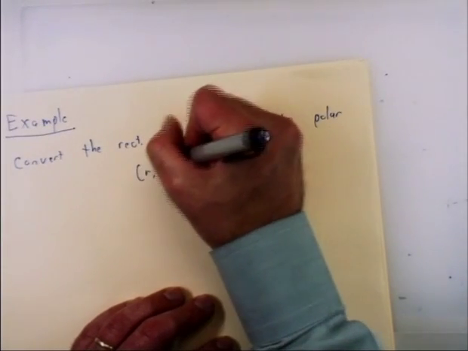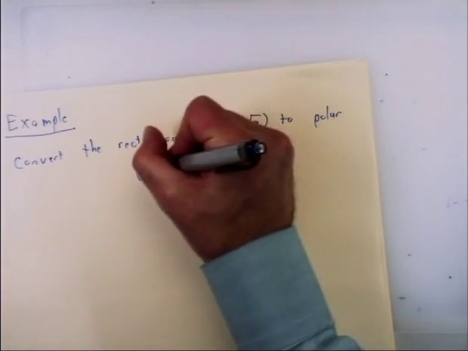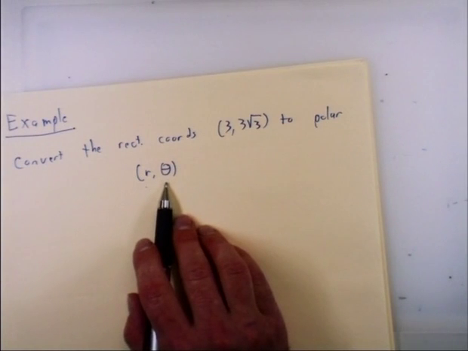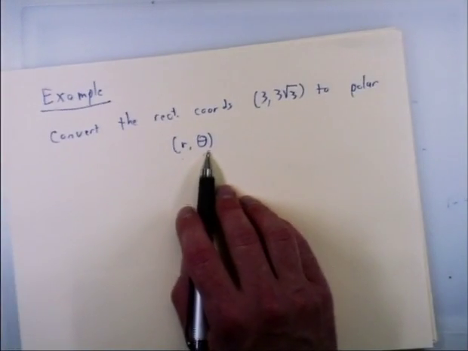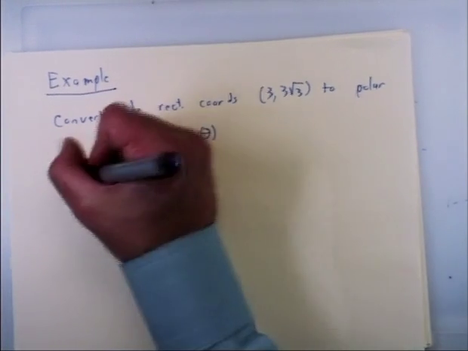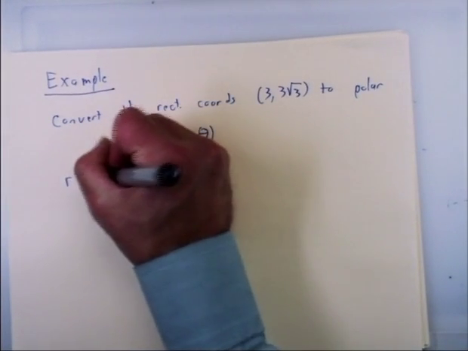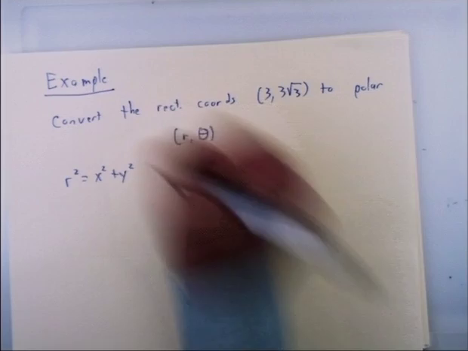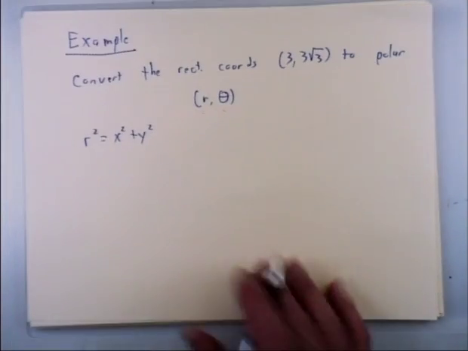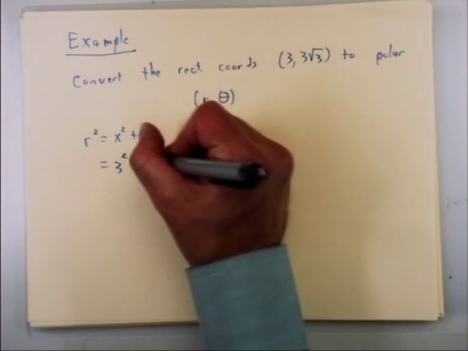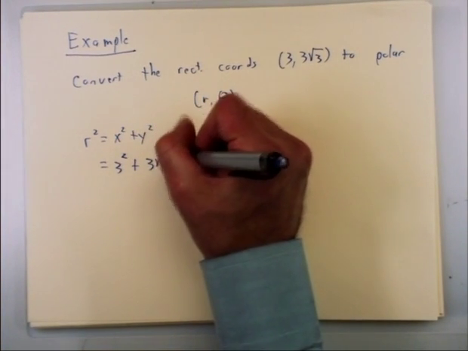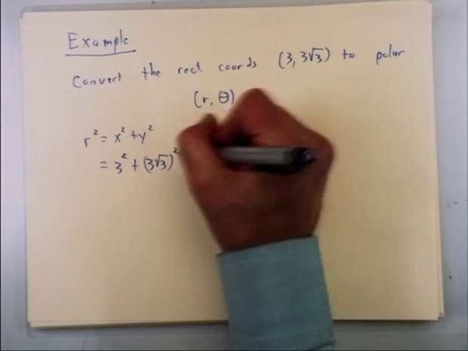And polar, remember, we're always going to write as (r, theta), specifying a distance and a direction. How do we do this? Well, we're going to use our formulas, right? We've already found the relationship. We know, for example, that r squared is always equal to x squared plus y squared. In this case, r squared is going to be, what is 3 squared plus 3 squared?